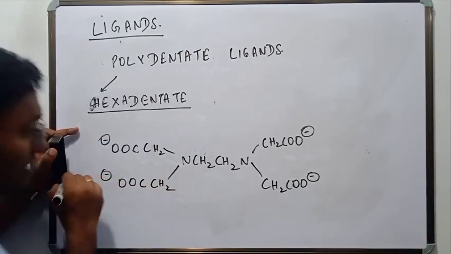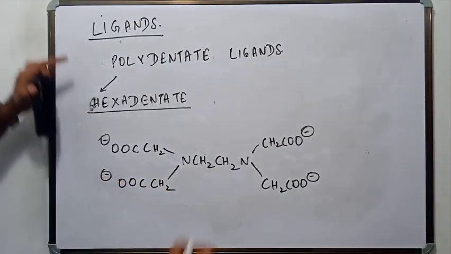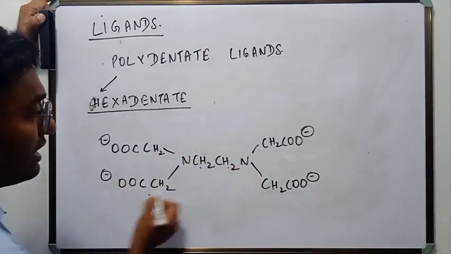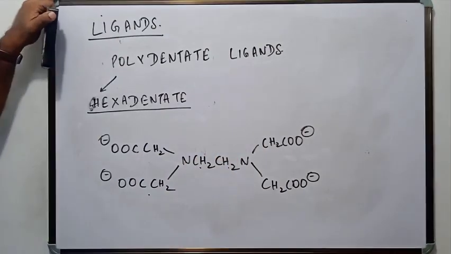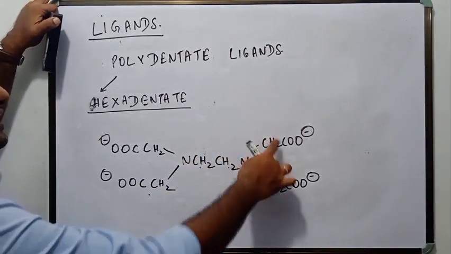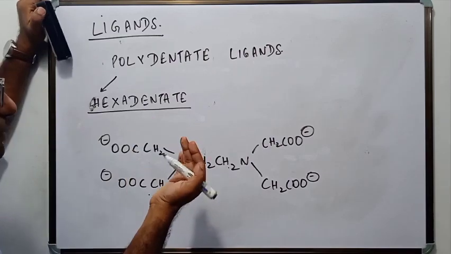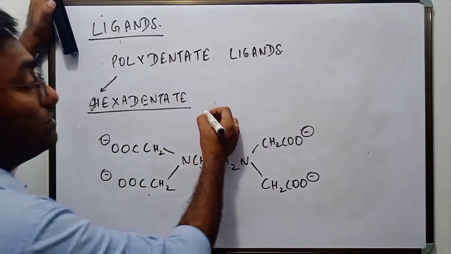See, EDTA, tetraacetate. It can donate 6 pairs of electrons and it can form 6 linkages with the metal ion.